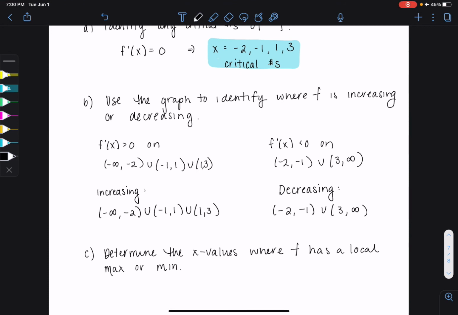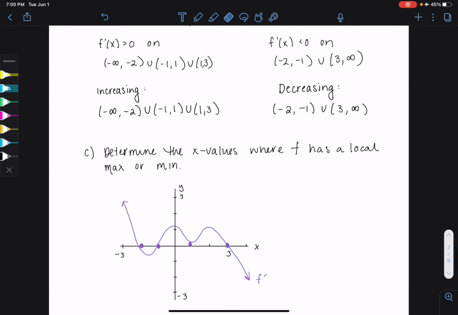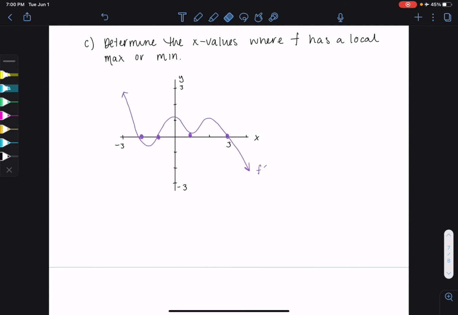And then finally, we want to utilize this graph to determine the x values where f has a local maximum. So I'm going to first regraph this here just so we don't have to keep scrolling back up. We're pretty much applying the first derivative test without knowing anything about the function.